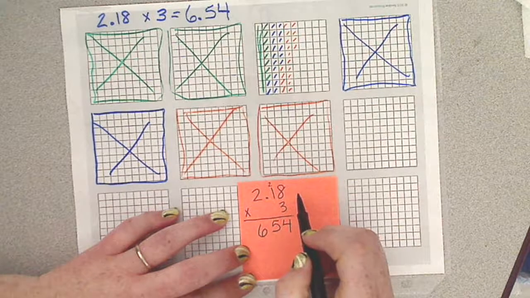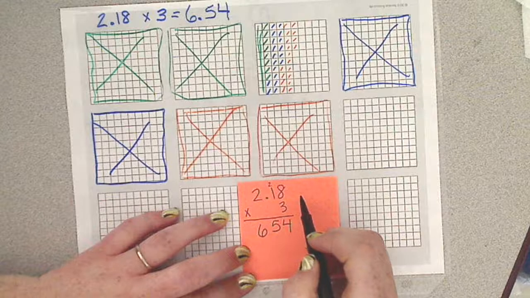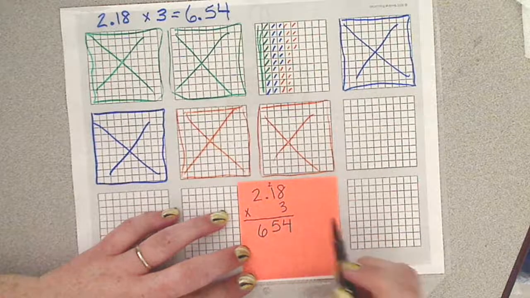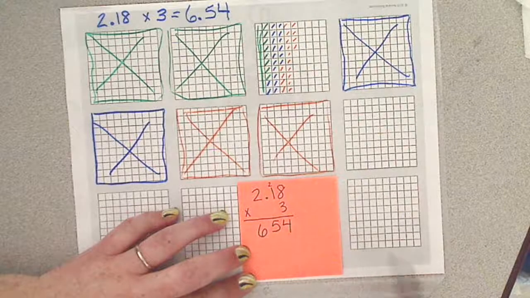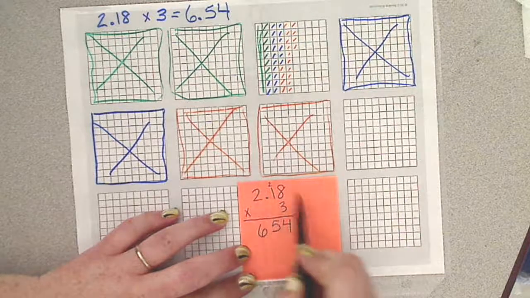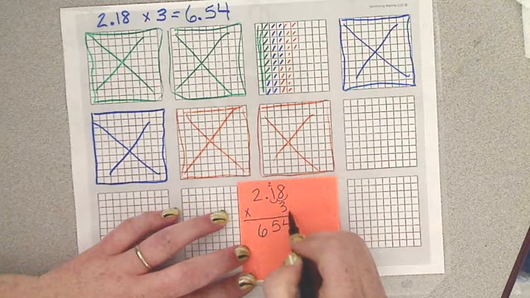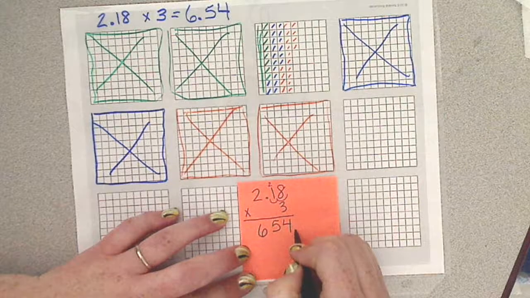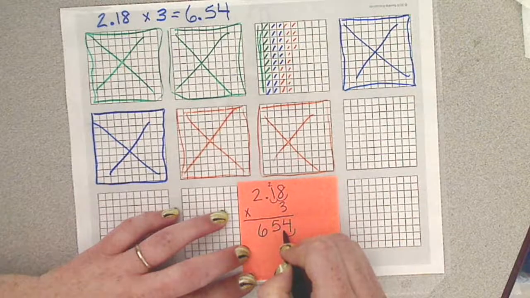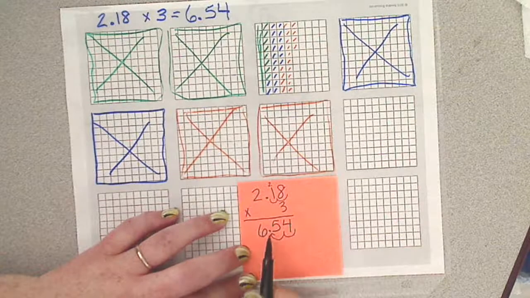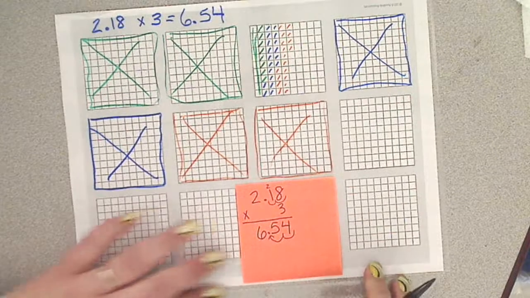And yet again, I have to count the number of places after the decimal, which means to the right of the decimal, that I have in both of my factors. I have 1, 2 here, and none here. So I need to start on this side, 1, 2, and place my decimal, 6 and 54 hundredths.